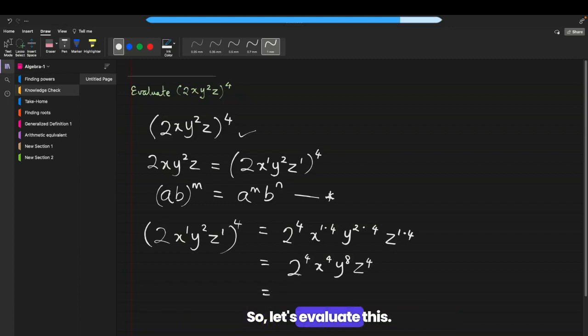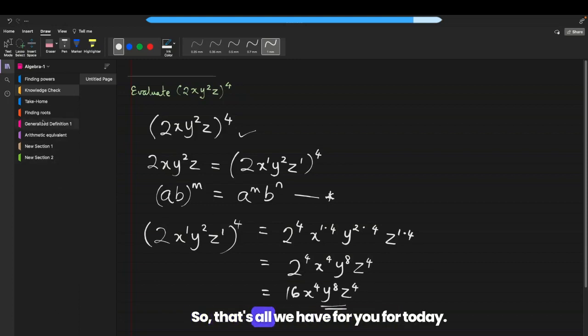So now let's evaluate this. 2 raised to the power 4 is 2 times 2 times 2 times 2, and that is 16. x raised to the power 4, y raised to the power 8, z raised to the power 4. That's our final answer.